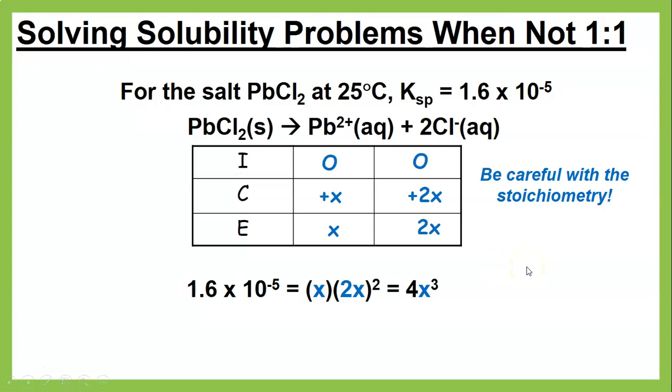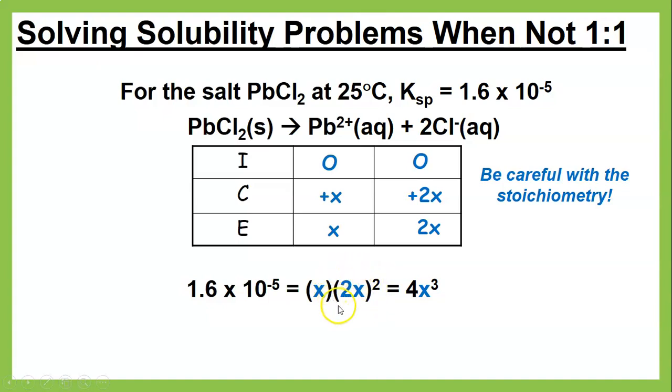I would be willing to bet if College Board is going to give you one of these solubility problems, they're going to give you one where you don't have a 1-to-1 ratio. Because the common mistake we see is that people will get x cubed, but they will forget that they need to square the 2. A lot of people will write 2x cubed. But you have to square everything inside. 2x is the concentration of chloride.